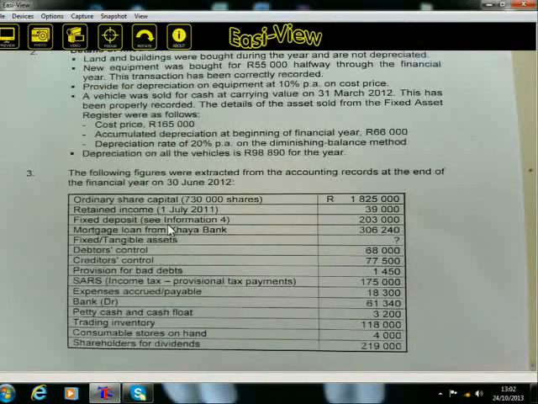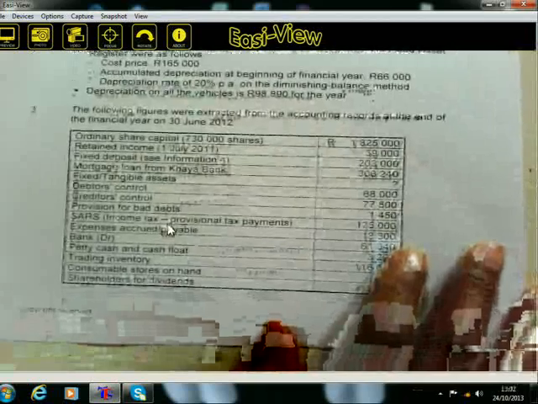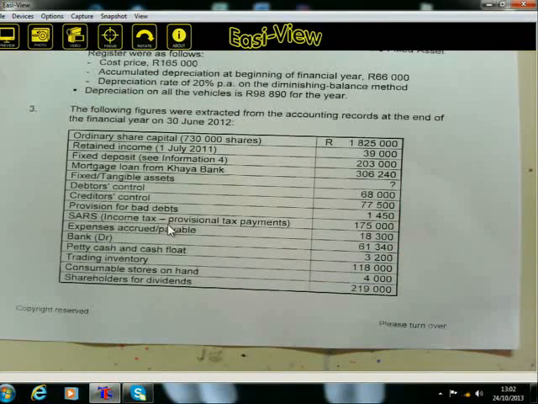You'll be given the extracts, and we are just using the bottom part of it, being the balance sheet section. In that section we have the notes, and before one can prepare the balance sheet and for it to balance, we need to take the notes into consideration.